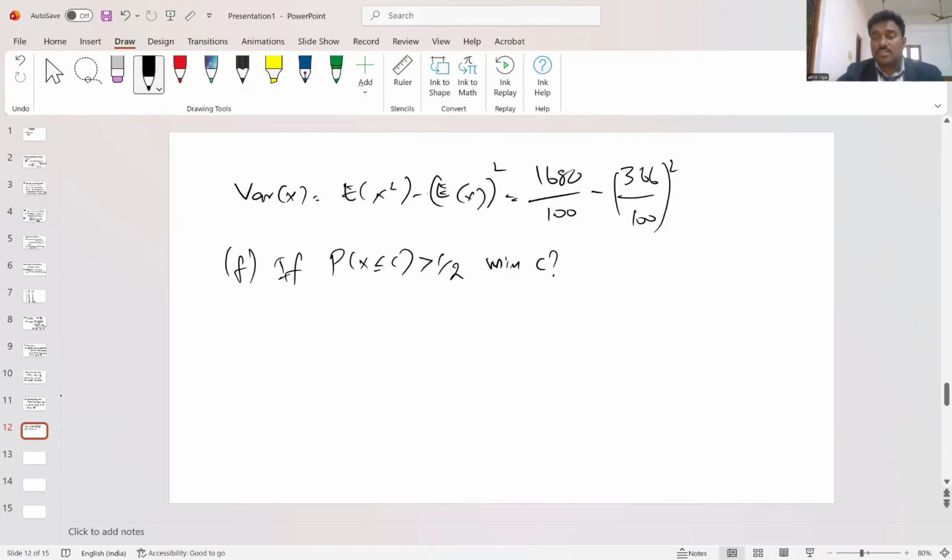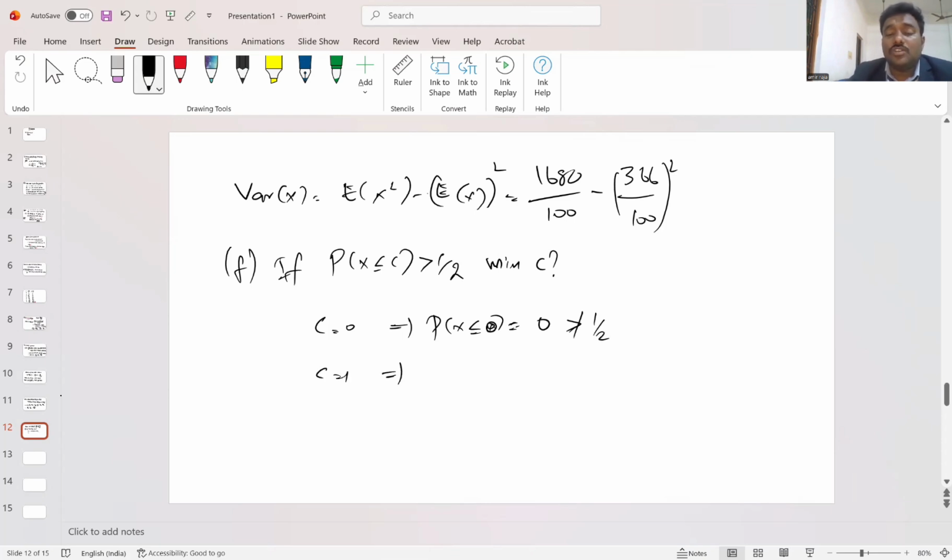This is what is asked here. So now we can find this by randomly putting C equal to 0. This gives probability of x less than or equal to 0. So x less than or equal to 0 means x equal to 0 alone, and the probability is 0. It is not greater than 1 by 2, right?